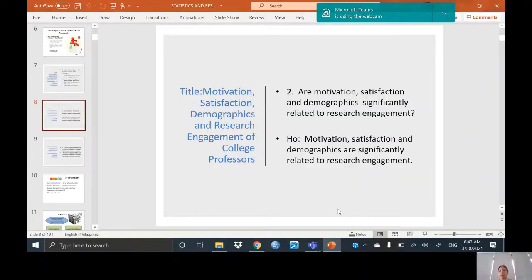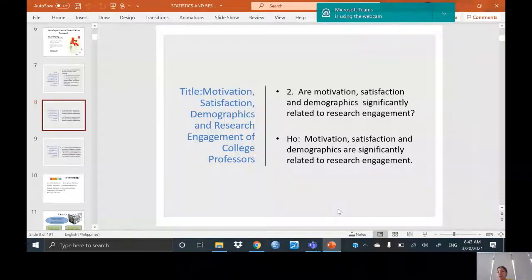If you look at the question, are motivation, satisfaction, and demographics significantly related to research engagement? You would notice that the question does not simply want to know the description or the level of the participants in terms of those variables mentioned, but they also want to know if those variables are related.